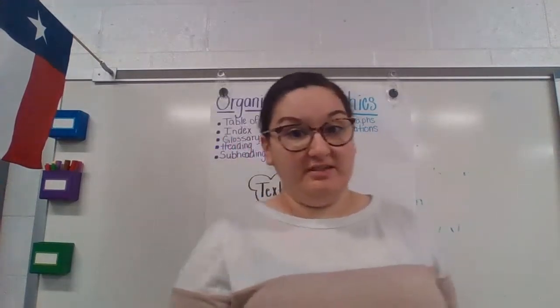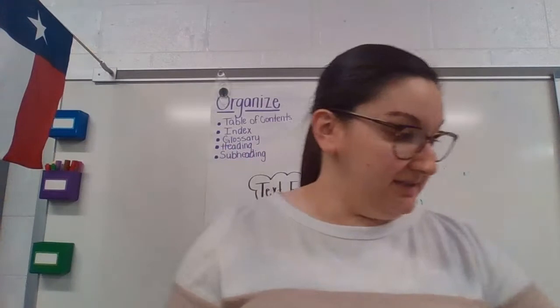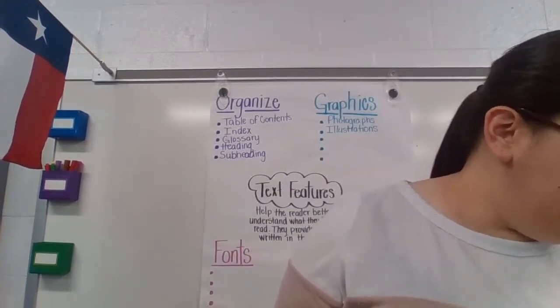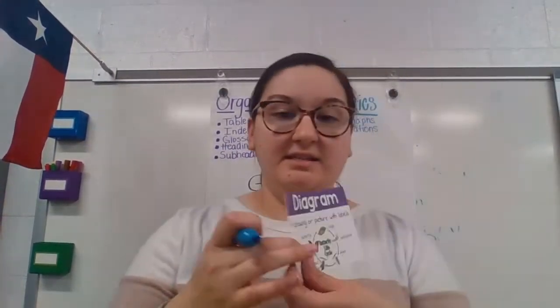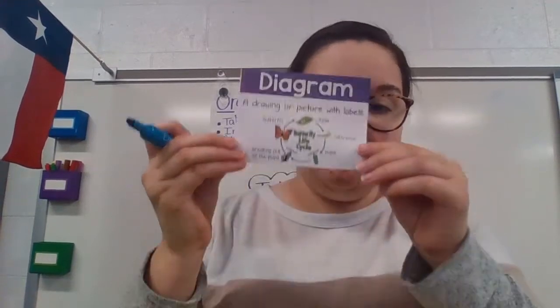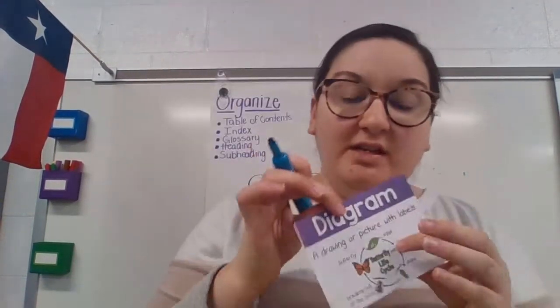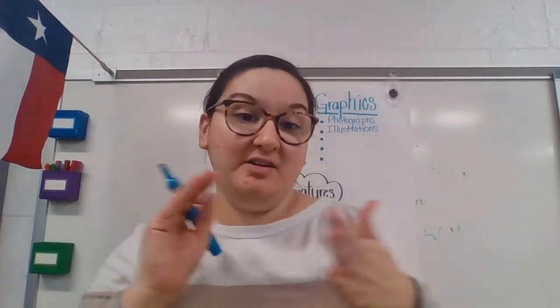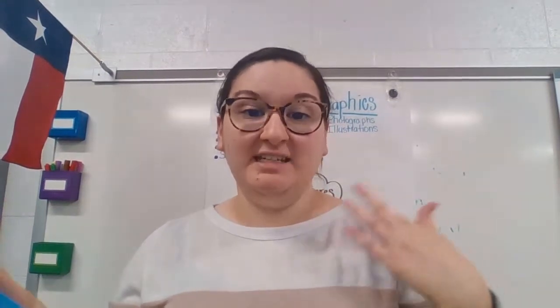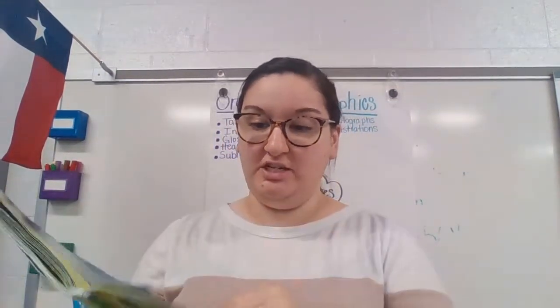The next graphic text feature we're going to talk about is a diagram. And a diagram is a drawing or picture with labels. Okay, so it could be an actual picture or it could be a drawing, and it's labeling. It's giving us more detail to the picture to help us better understand.